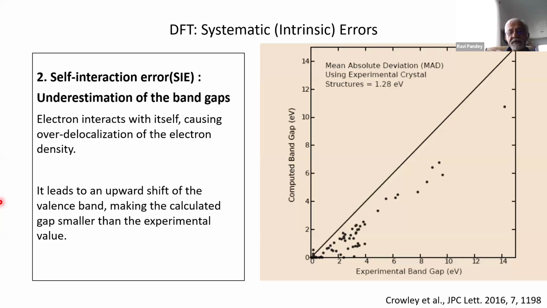If you have the valence and conduction bands, this self-interaction error provides an upward shift of the band, and your calculated gap is much smaller than the experimental gap. This gives you an idea when you compare the computed band gap with the experimental band gap. The calculated ones are underestimated by at least 42 to 50%. And one should be aware of this weakness or shortcoming of the DFT method.